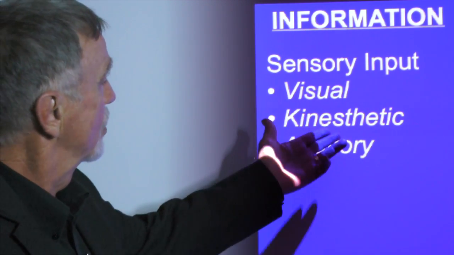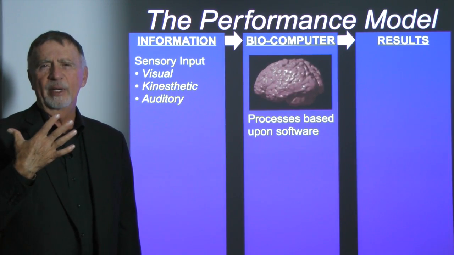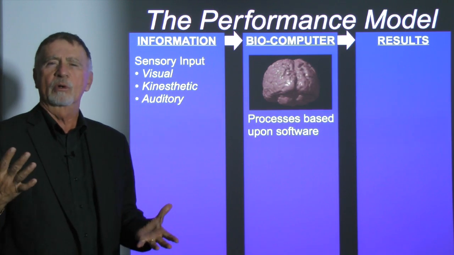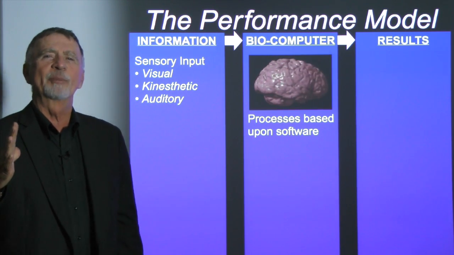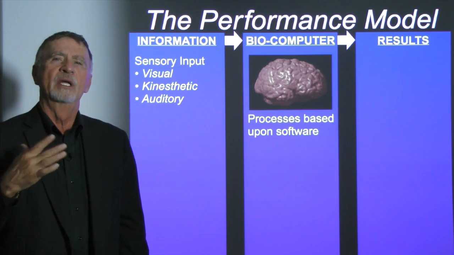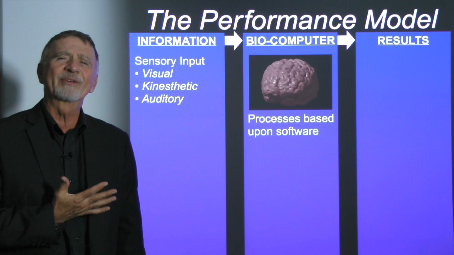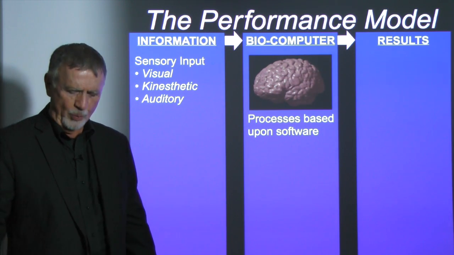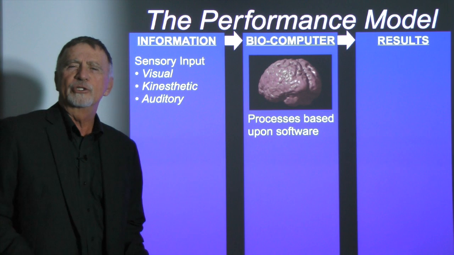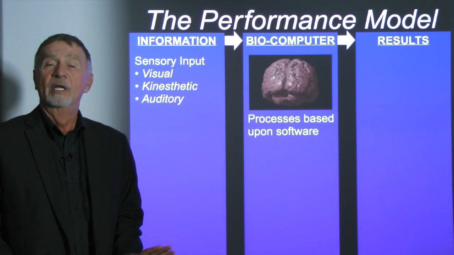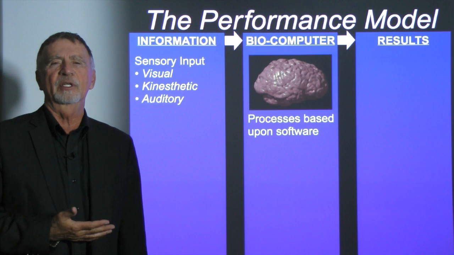In addition to visual, of course, kinesthetic. Kinesthetic would be basically my balance, or what we would call our vestibular system. It's the ability of the body to remain balanced. In addition to that, the proprioceptive system of the body. A lot of people haven't heard about that. But the proprioceptive system of the body is the ability to feel movement and change of weight, etc. Very important in regard to athletics, but it's also important to everything that we do.